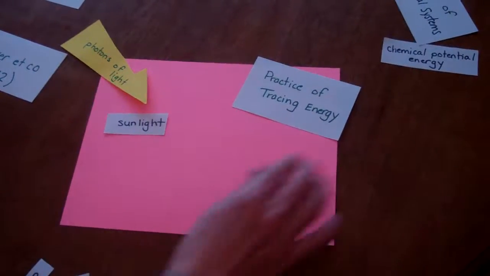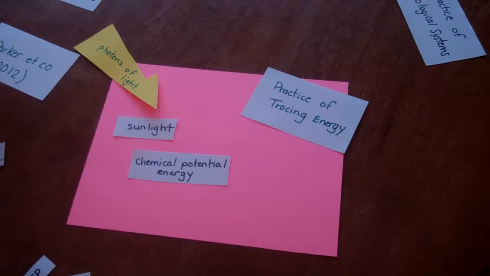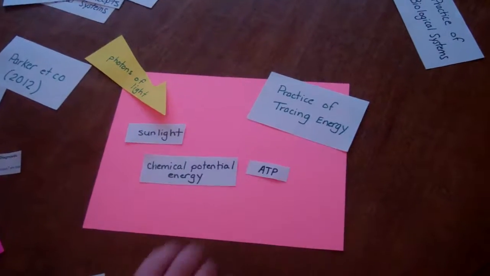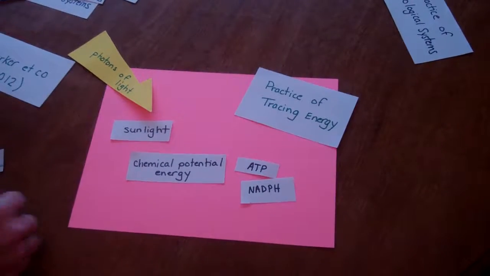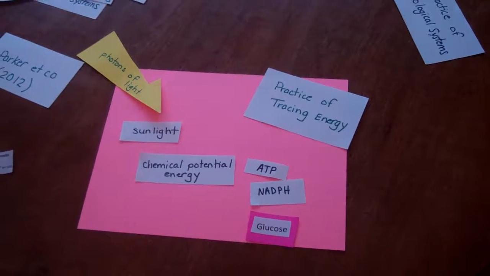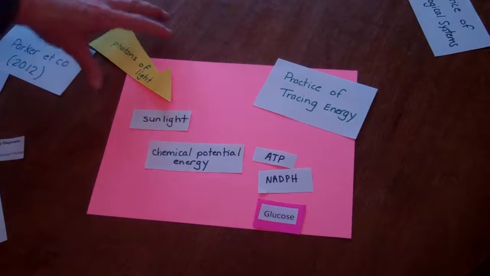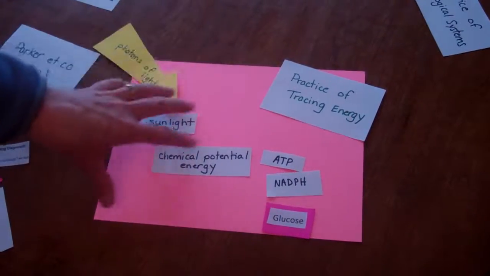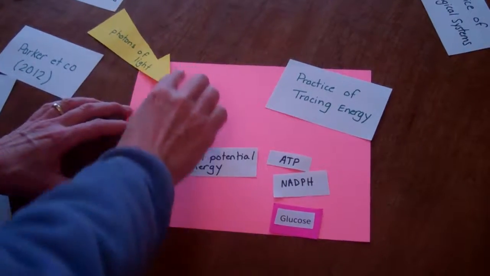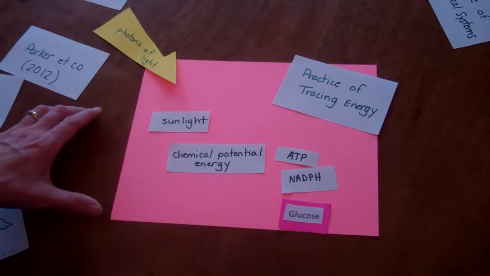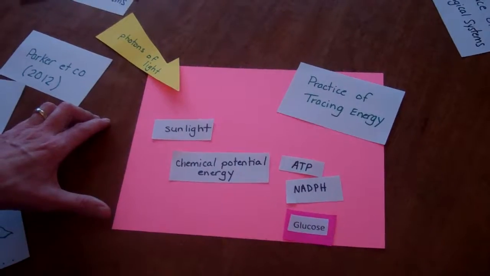It then gets changed into a chemical potential energy, which could be in the form of ATP, NADPH, or back into your glucose. So they have to start realizing the energy comes from the sun and it's transformed or transferred into different types.